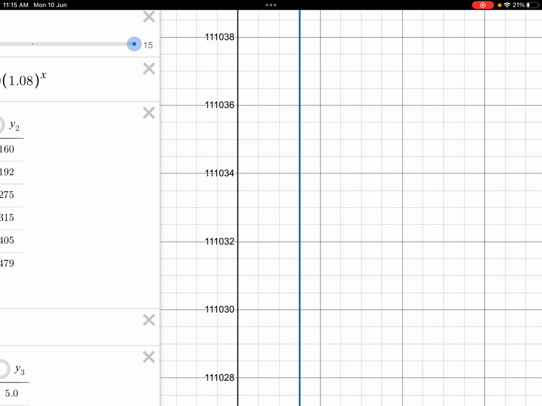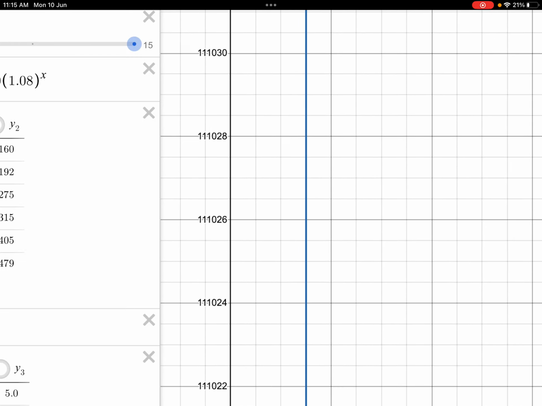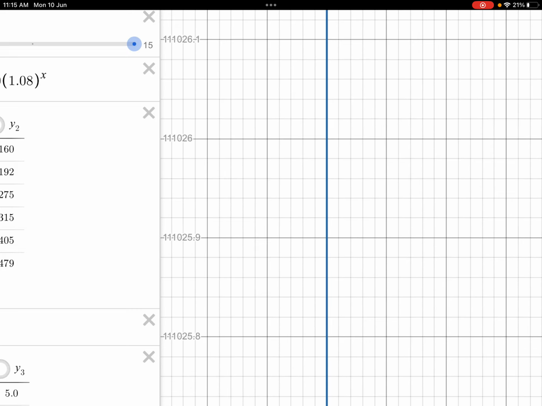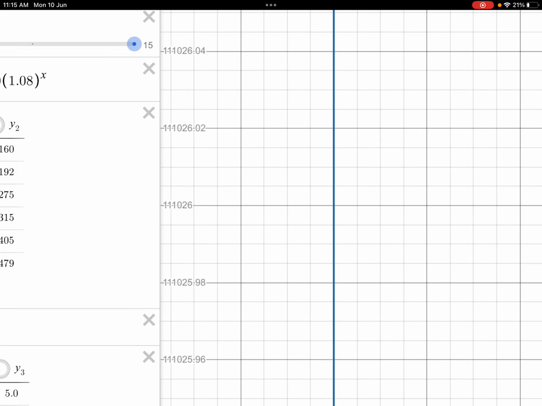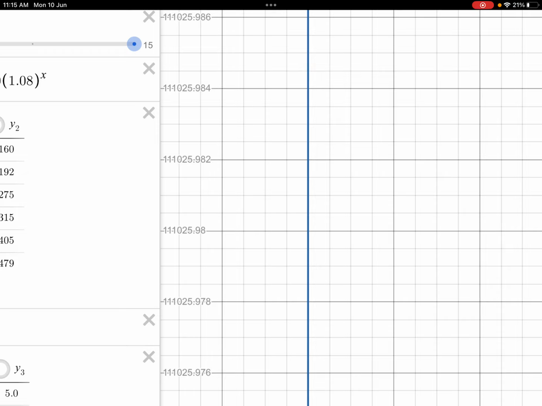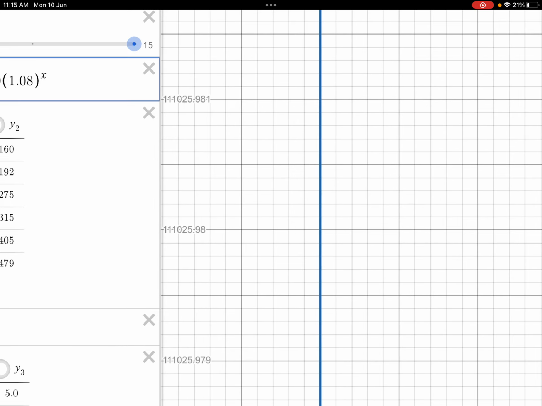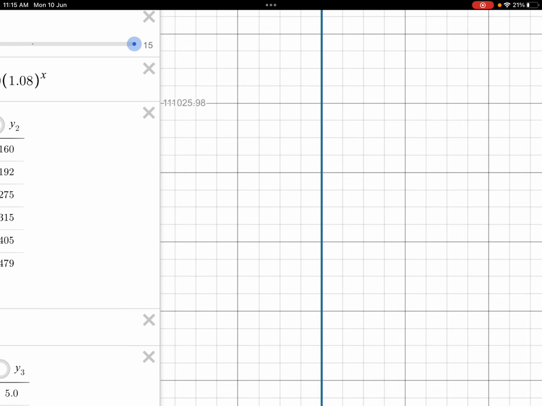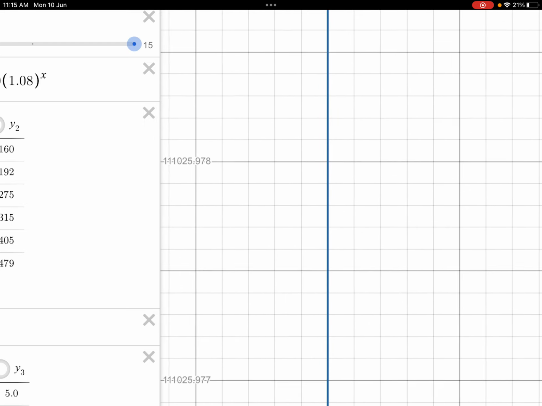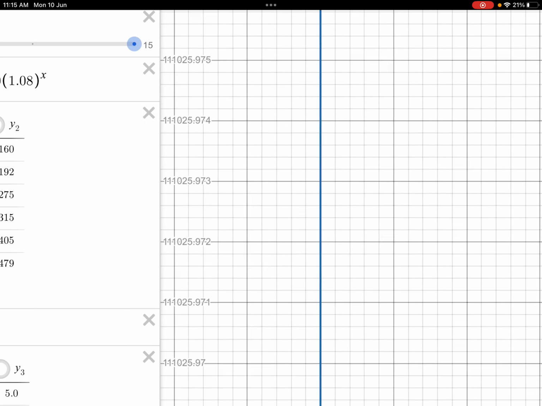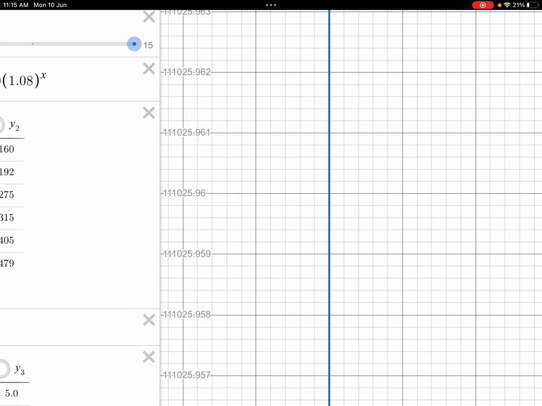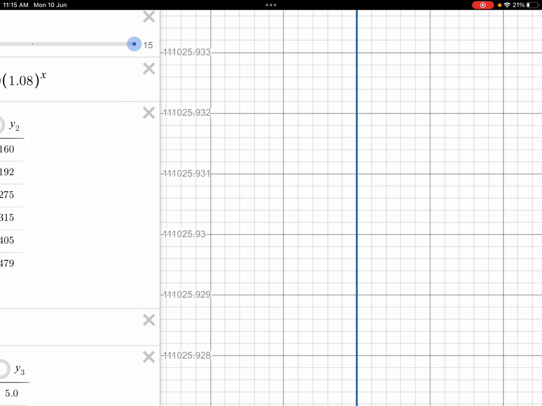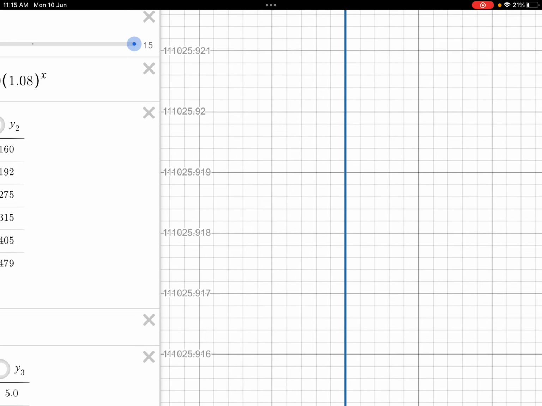As you can see, when you're working with big numbers on Desmos, it gets really weird. But the lines have basically merged here. All of this just to show you that plugging into the calculator works.